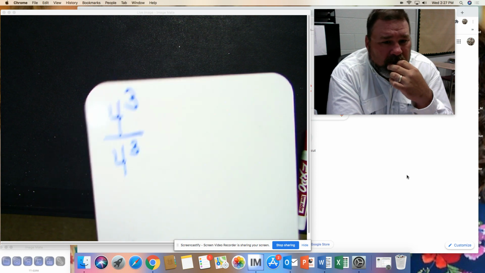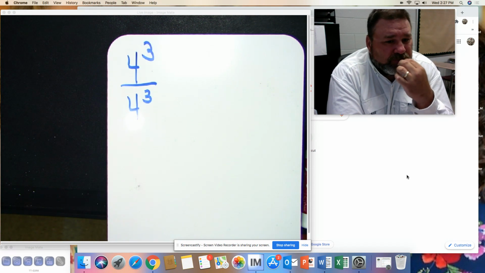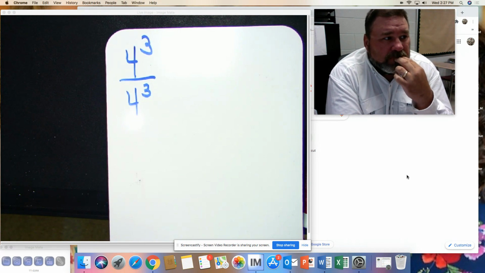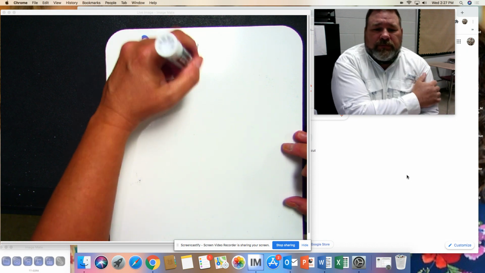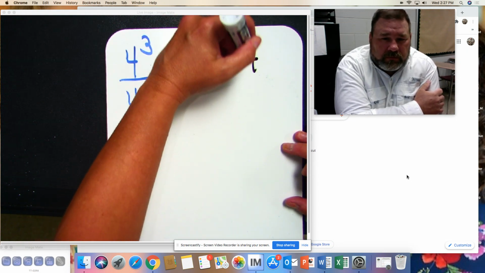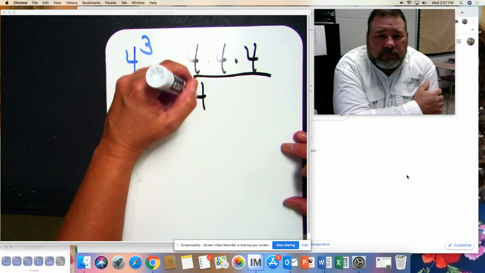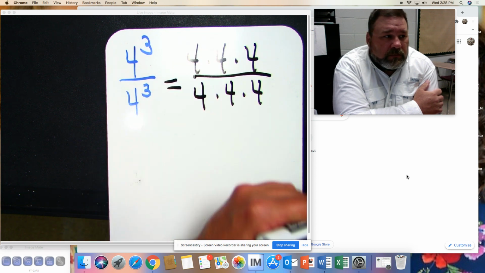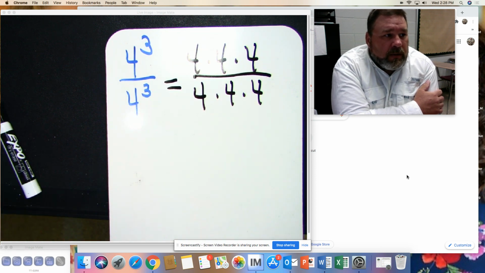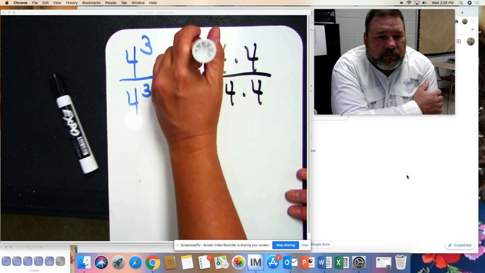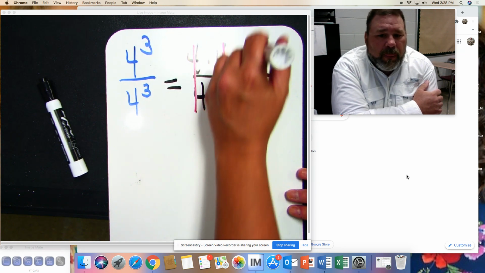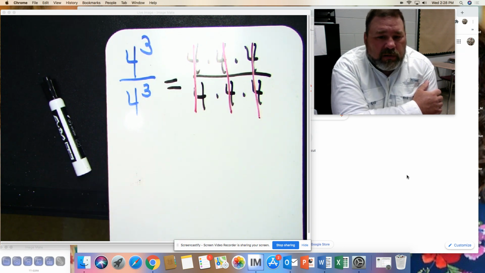Now, this one would be pretty easy actually to write out the long way like we did a minute ago. We could write 4 times 4 times 4, and the bottom would be 4 times 4 times 4. But when we went to simplify and do 4 divided by 4, you get a 1, a 1, and a 1. So I end up having no 4s left.